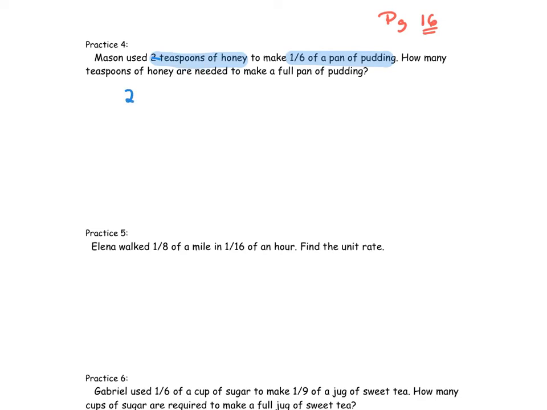So we have 2 teaspoons of honey, and now my ratio bar, and 1/6 of a pan of pudding. So that's what we're given, 2 teaspoons and 1/6 of a pan.